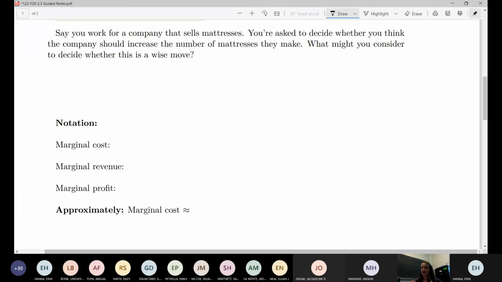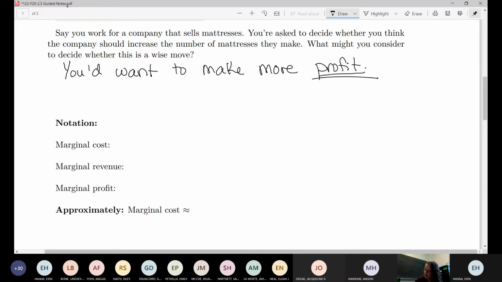I don't care if I make extra revenue if my extra cost completely eats that revenue. So we'd want to make more profit. I'm going to come back to this in a second.